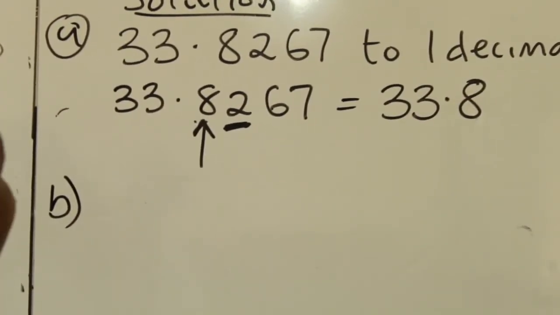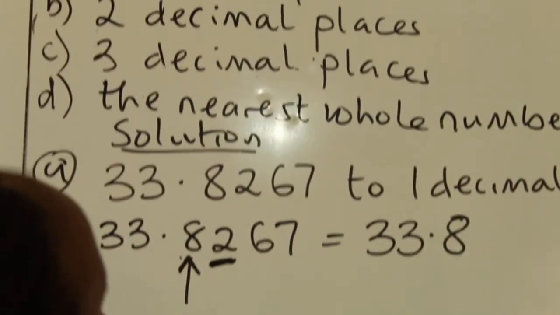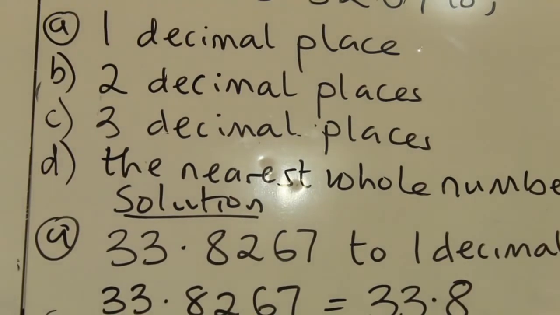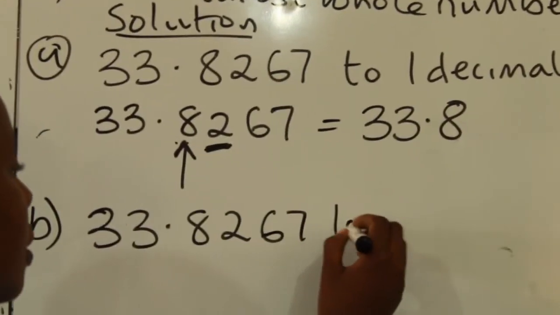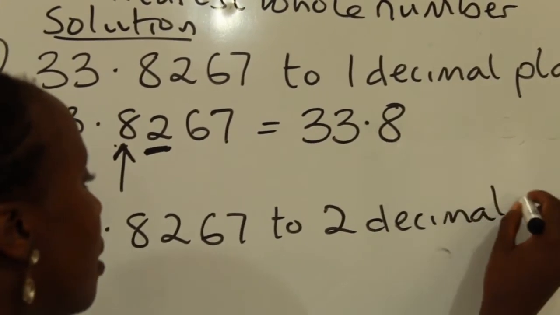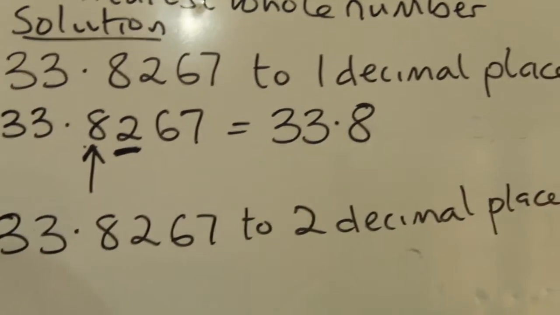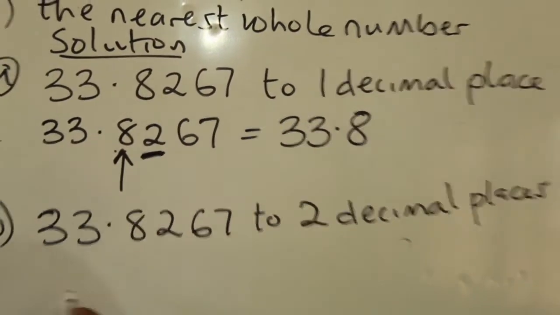B says that we should round 33.8267 to 2 decimal places. 2 decimal places means that only 2 digits after the decimal point are needed.